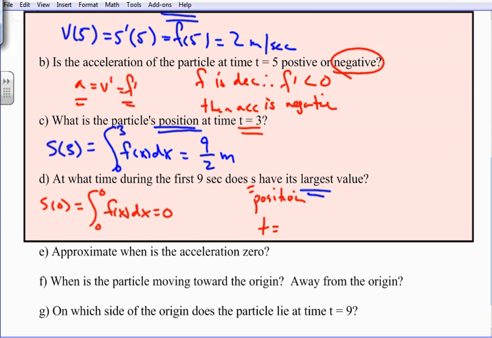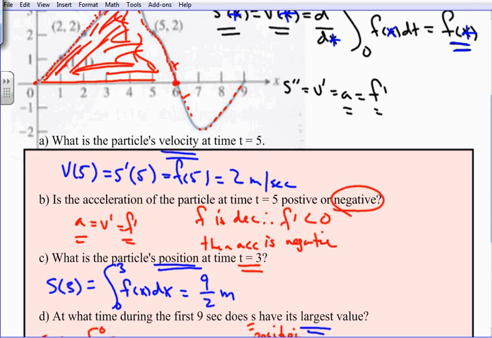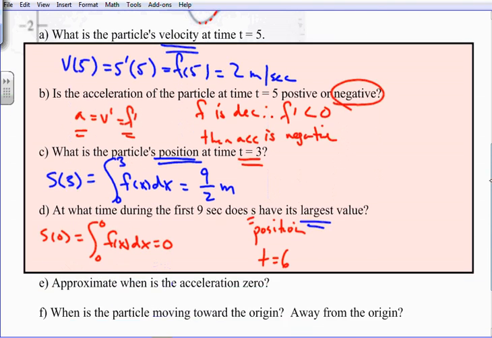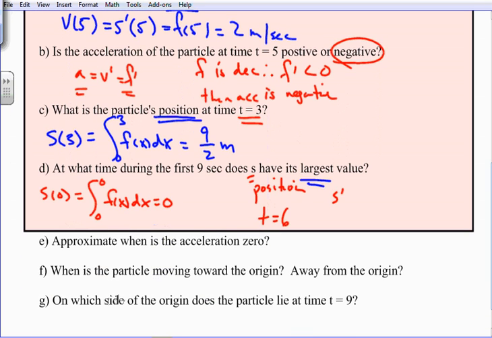The reason that is the largest value is because that is the location where s prime, which equals f, changes from positive to negative.